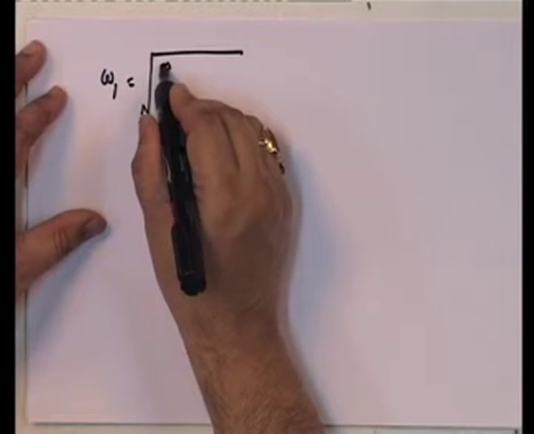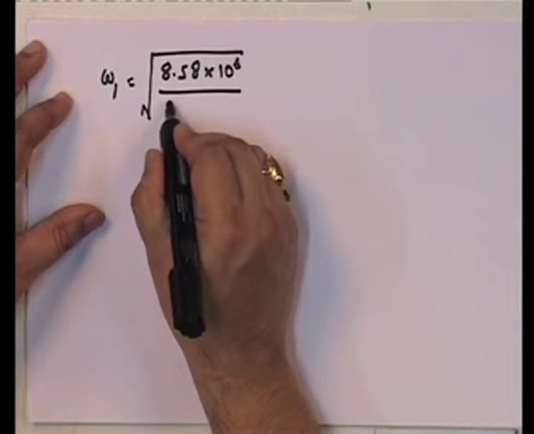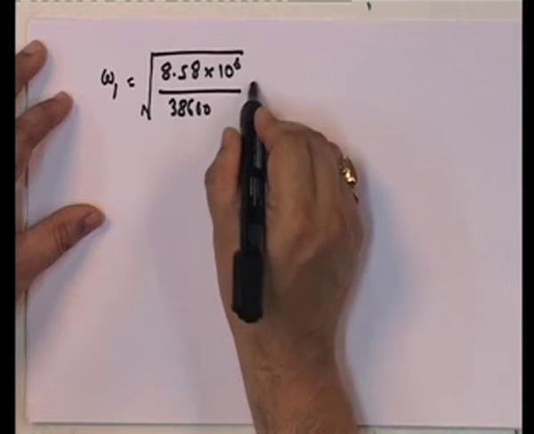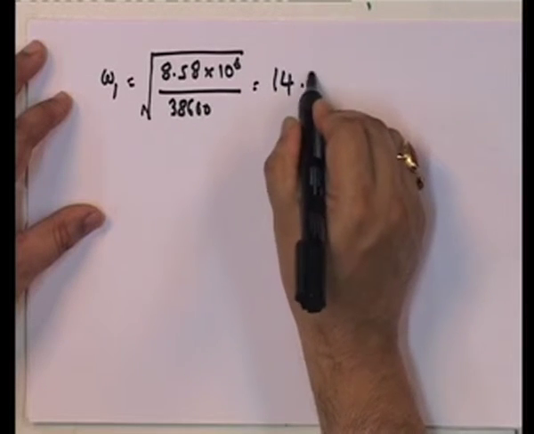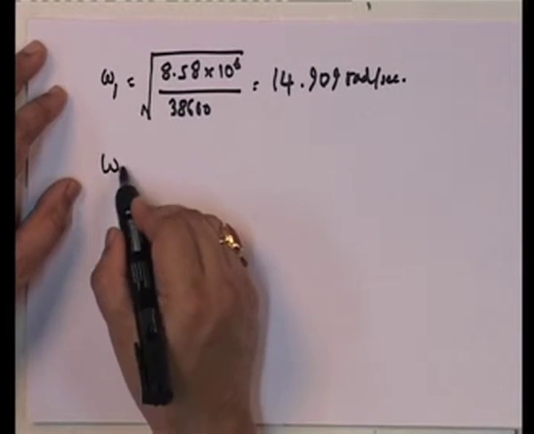Having done that, I know that the square root of K1 upon M1 is equal to omega 1, because omega 1 squared is K1 upon M1, since we have already seen that K1 is equal to omega 1 squared M1. So, omega 1 is 8.58 into 10 to the power of 6 divided by 38,600, which is 14.909 radians per second.